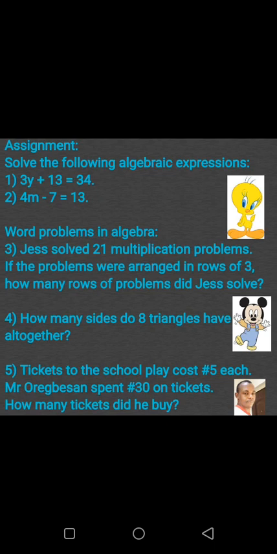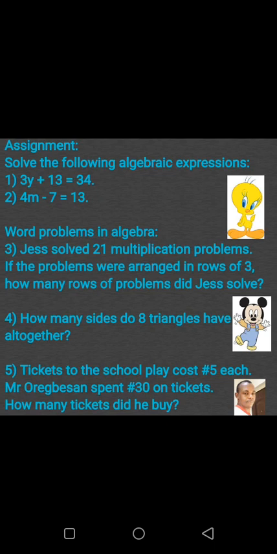Altogether is 21. So the question you are being asked is, how many rows do we find? Now remember there are 3 in each row, so how many times can 3 go in 21? That will give you how many rows of problems Jess actually solved.